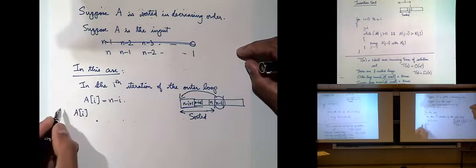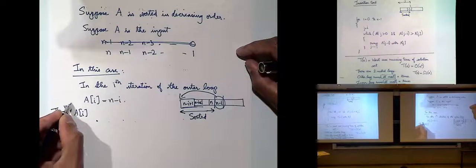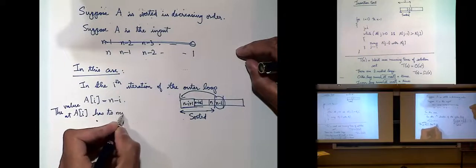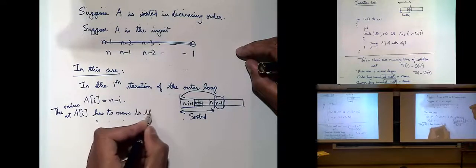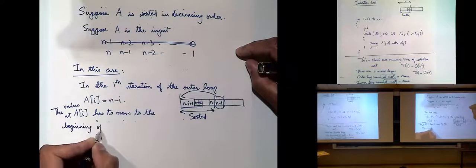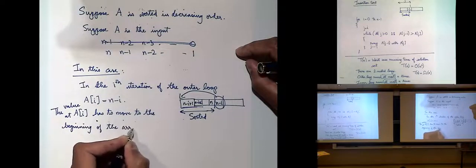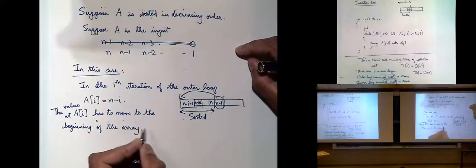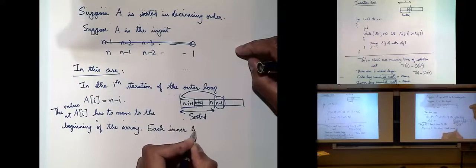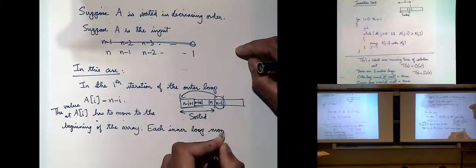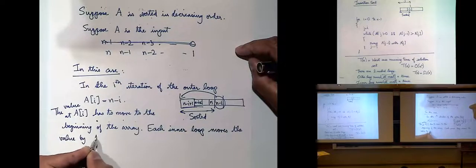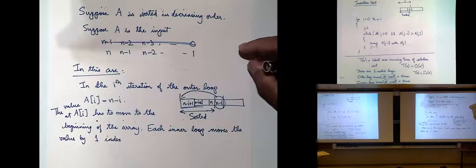A[i], or the value at A[i], has to move to the beginning of the array. Right? Each inner loop moves the value by one index, right?